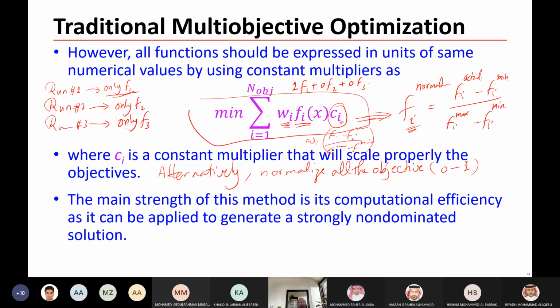If you solve the problem and you have the optimal solution X, then you can substitute for F1, and F2, and so on. So the combined one is meaningless. It's like a dummy or augmented fitness or dummy objective function. But you can get the exact value of the objectives after getting the optimal solution.